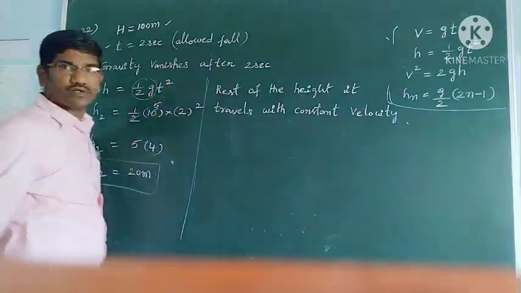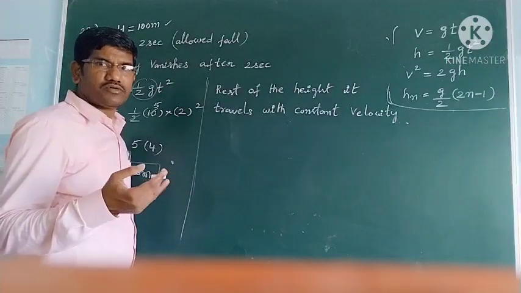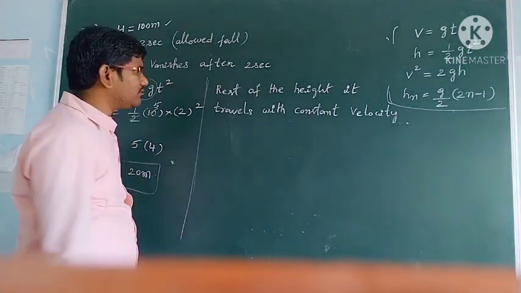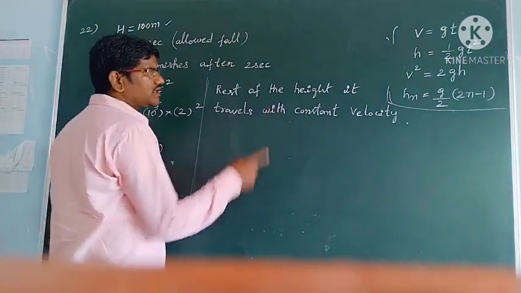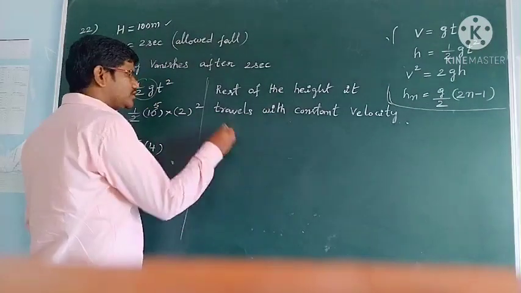Gravity vanishes after 2 seconds, so it means there is no force. There is no force means it keeps moving, so the rest of the height it travels with a constant velocity.